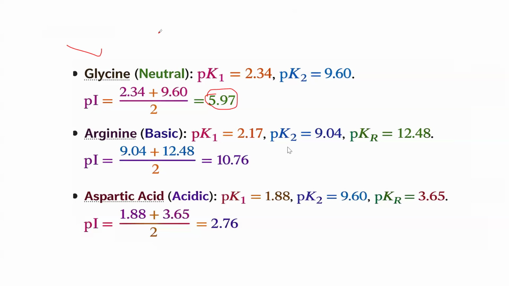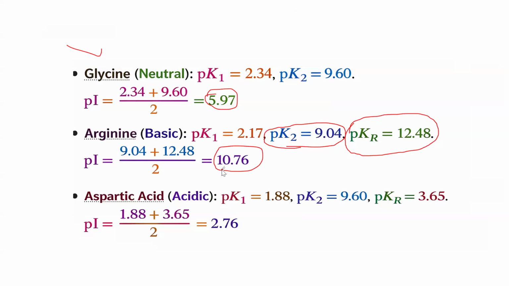You take the pK2 and the pKr of the R side chain. So we have 9.04 plus 12.48, and you divide it by 2. That will give you 10.76 as the isoelectric point of arginine.